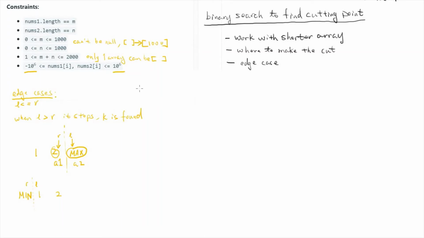Let's write the pseudocode for our solution. In our code, we're going to do the binary search between the left boundary and the right boundary to find the cutting points in the first array.